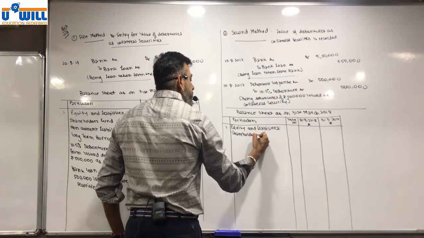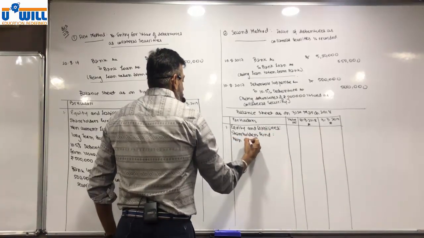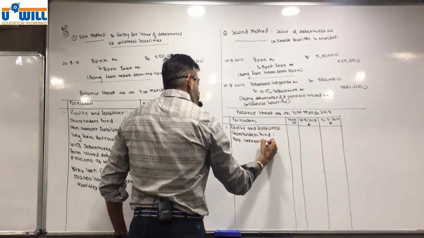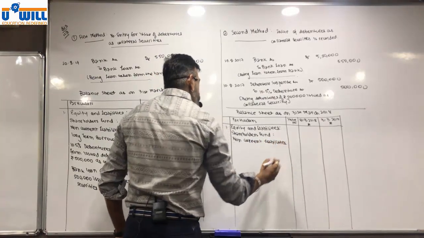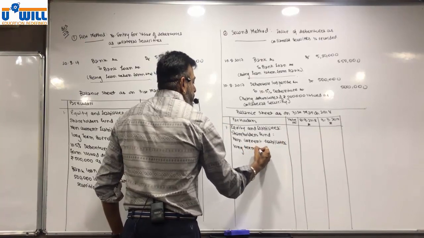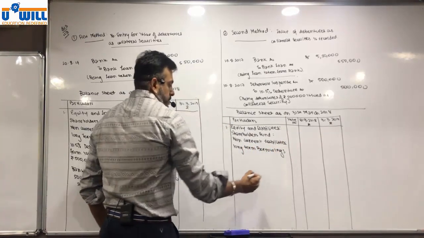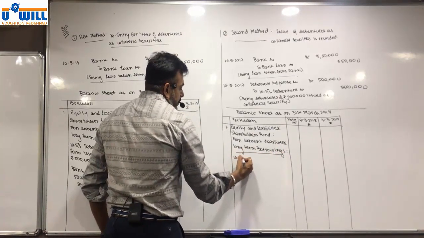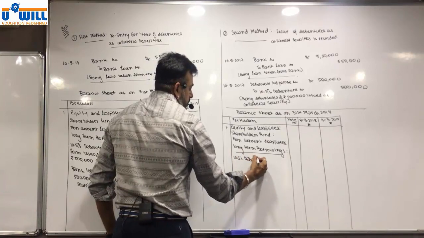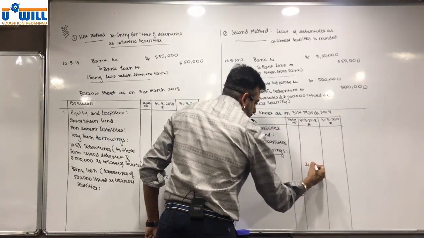Shareholders fund. Non-current liabilities, long-term borrowings, (10.5%) debentures, 21 lakh.